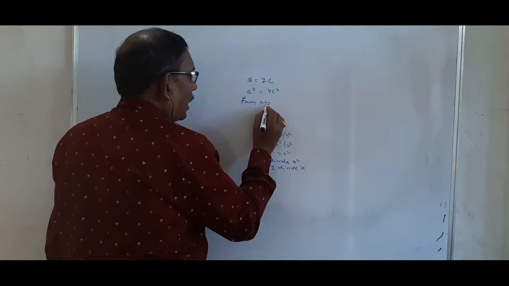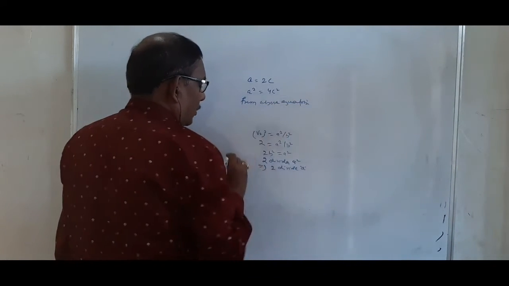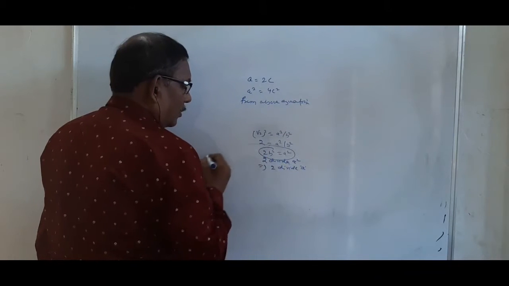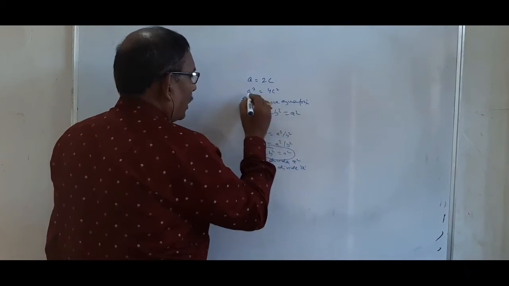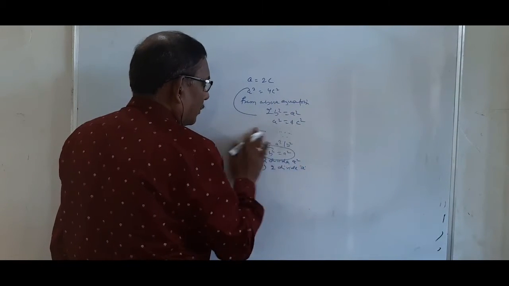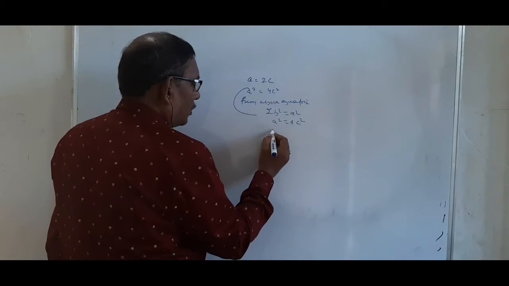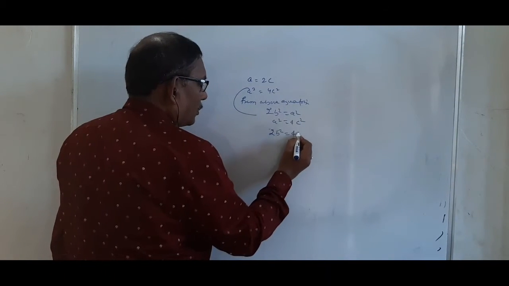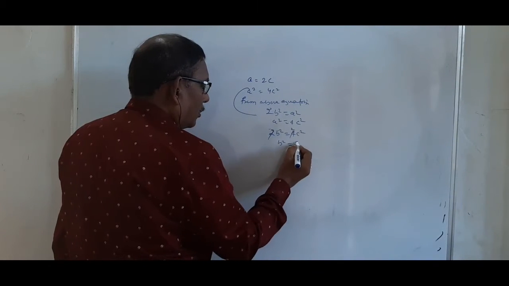From the above equations, 2b square is equal to a square, and a square is equal to 4c square. Now 2b square is equal to 4c square, and b square is equal to 2c square.